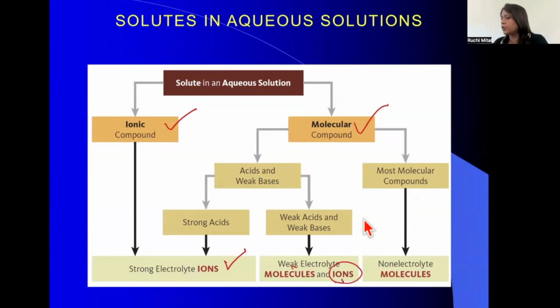So you're not going to dissociate a weak acid or a weak base or a molecular compound. And most molecular compounds are non-electrolytes and they do not dissociate at all, while weak acids and weak bases are weak electrolytes. They are not non-electrolytes, right? That is important because later on when we do our acid-base unit, we'll get into more details with that.